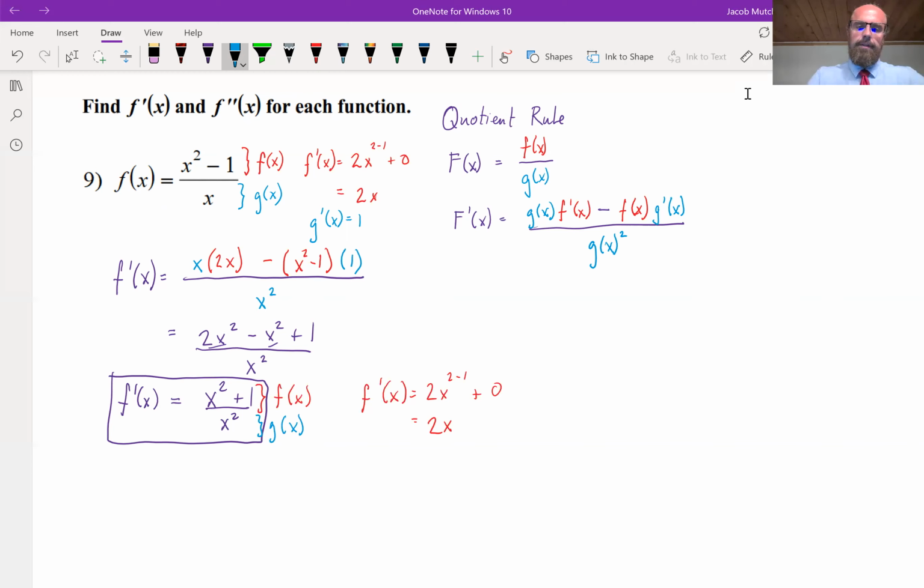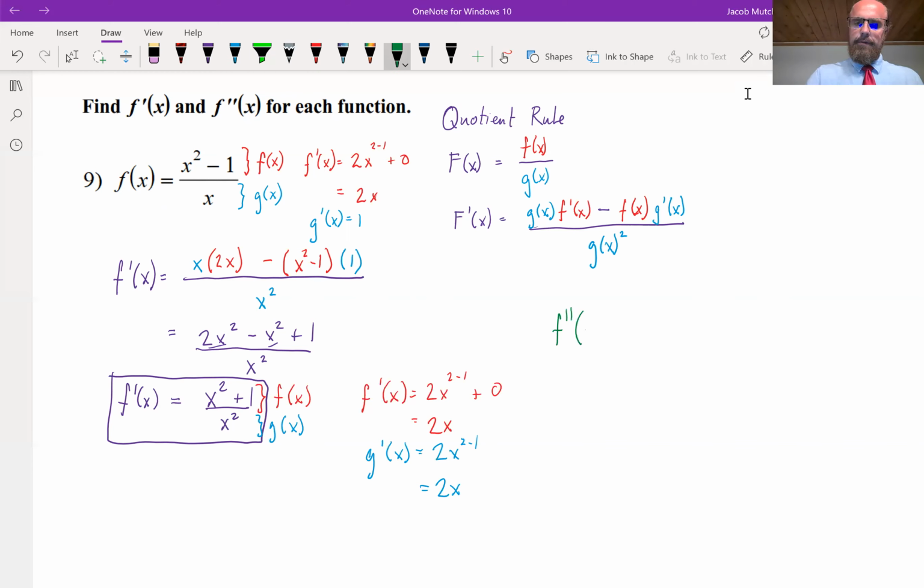So its derivative is going to be also 2x to the power of 2 minus 1, or just 2x. So we're ready to find our second derivative. Let's put that in green here. And I'll do the second derivative steps here on the right.